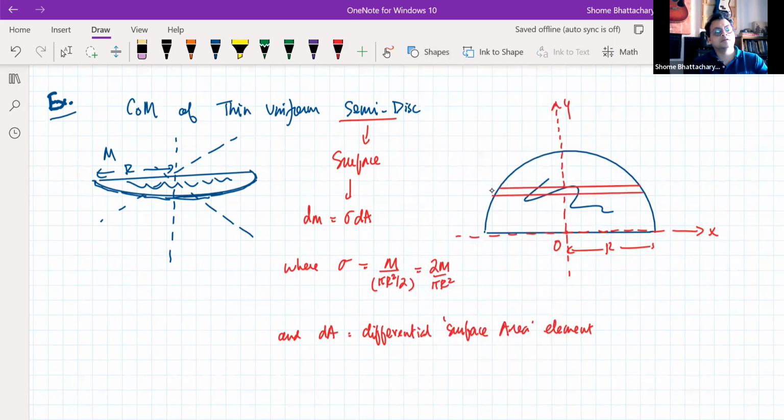Like this. So each of these strips is a differential area. It's a small amount of area of the total. Okay. So this we will take as thin strips parallel to the x-axis, because here y-axis is the symmetry axis.